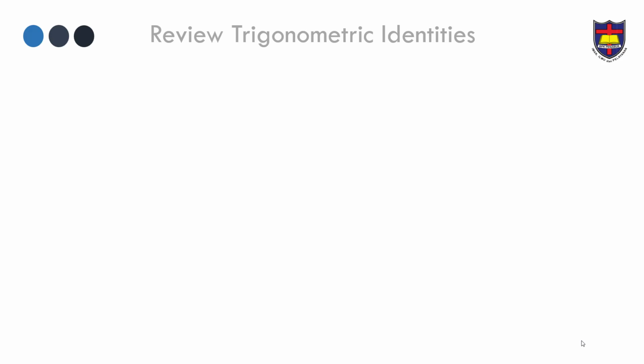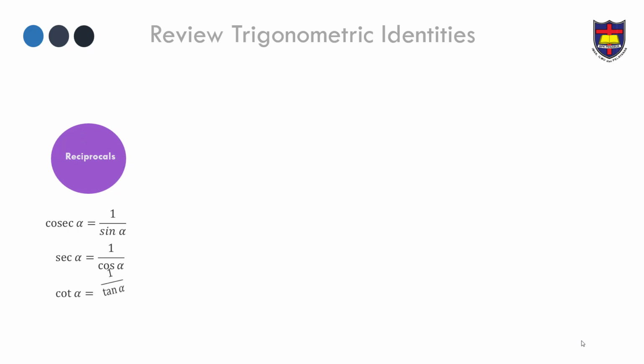The first one, we will review all trigonometric identities that we already have before this lesson today. The first one is the identity of reciprocals. With the relation of reciprocal, we have cosecant alpha, which is equal to 1 over sine alpha, secant alpha, which is 1 over cos alpha, and cotangent alpha, which is 1 over tangent alpha.